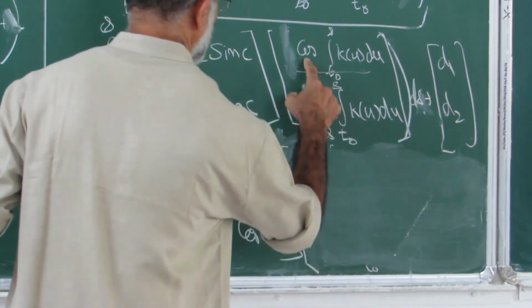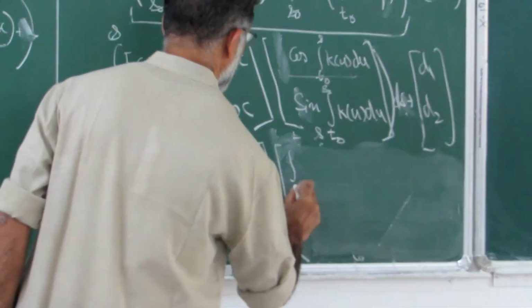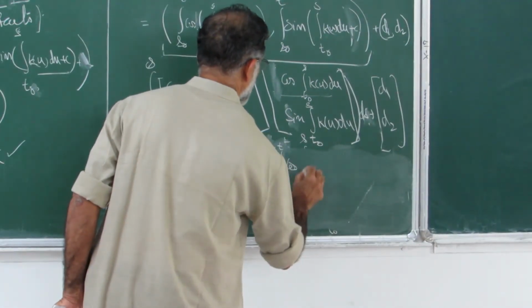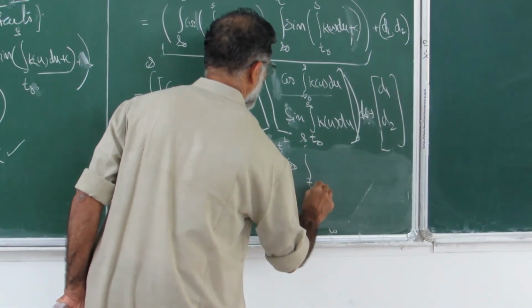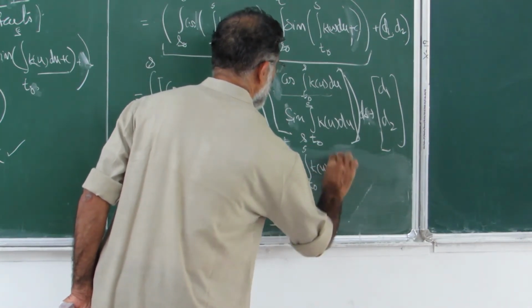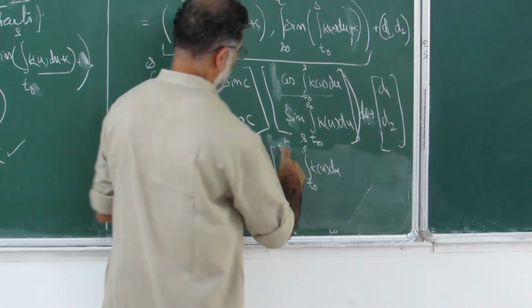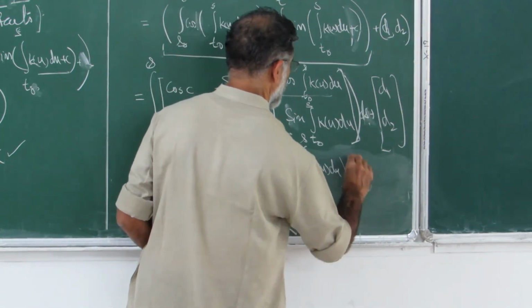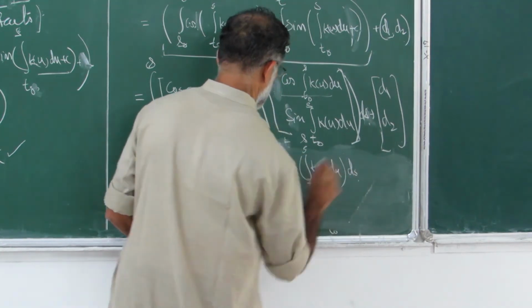Two coordinates. The first one is the integral from S1 to T of cosine of the integral from S1 to S of k(u) du, a function of S, times phi S ds.